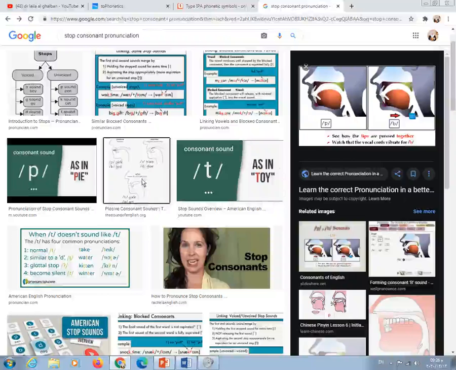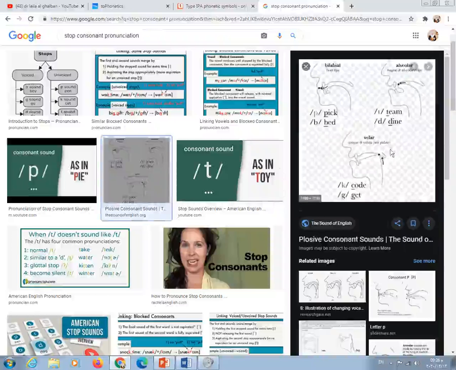Yes, this is the place of articulation of the first couple, which is bilabial. بنسميه bilabial عشان عندنا two lips، عندنا p and b. The second is alveolar.